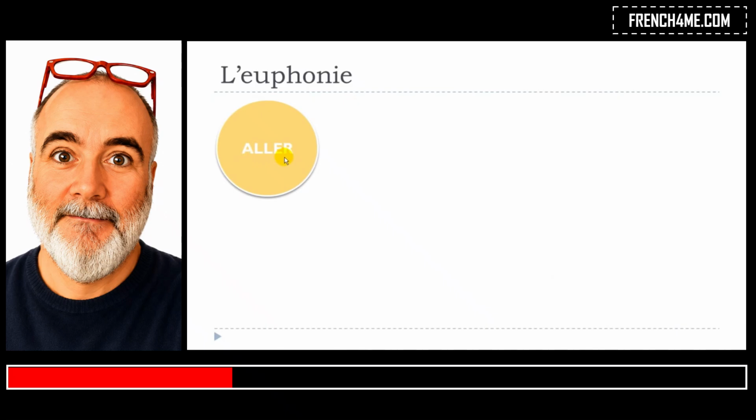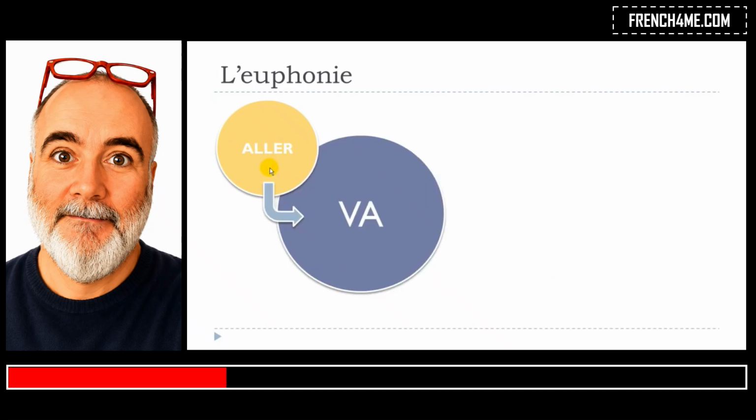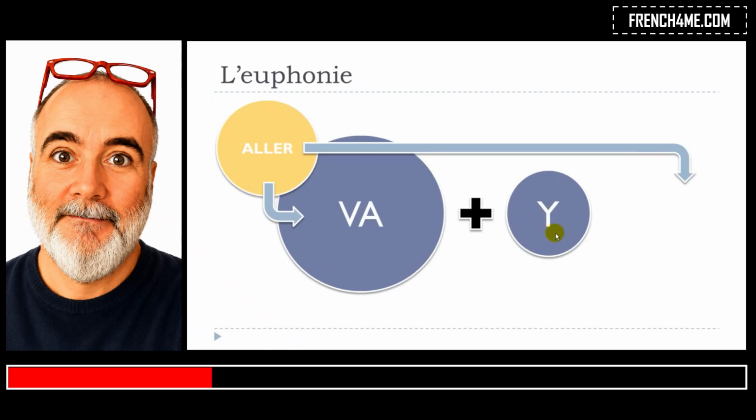Aller is really tricky, so take the time and concentrate now. Aller normally at the imperative should be va, just like that. We're talking here about the tu person. And then if you want to combine it with the pronoun y, then it will become vas-y.